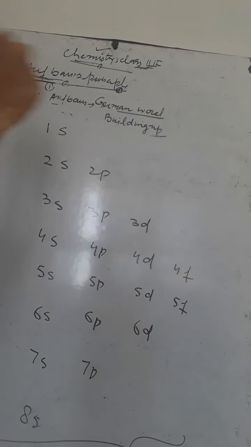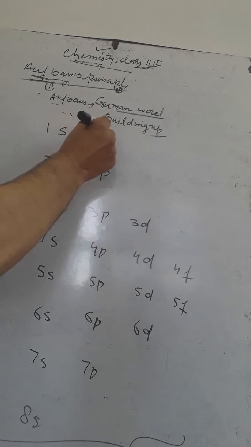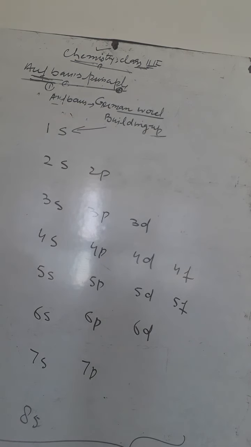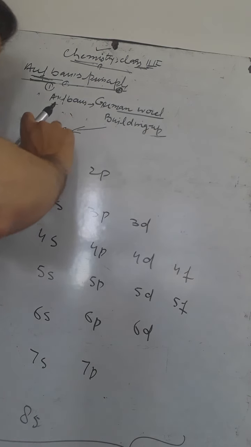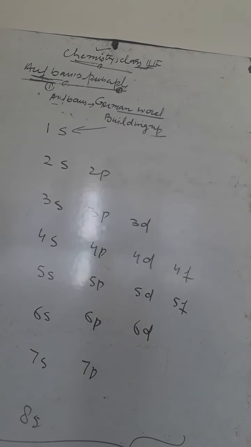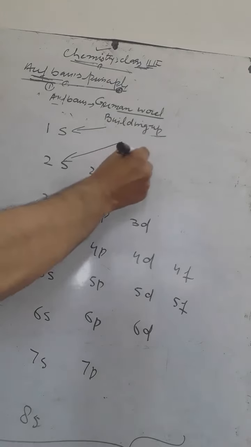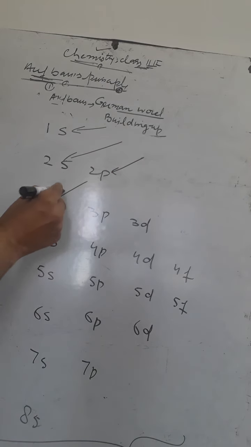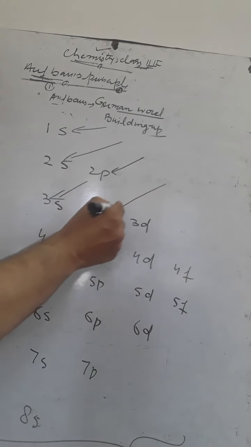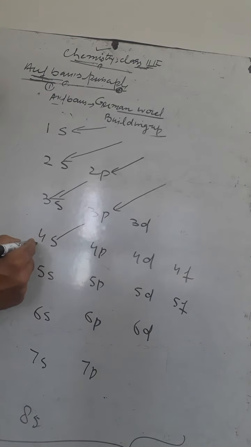Let us know first of all where energy goes. First the electron goes to 1s, after that the electron goes to 2s, after that 2p, after 2p 3s, like this, after that 3p, then 4s, right?